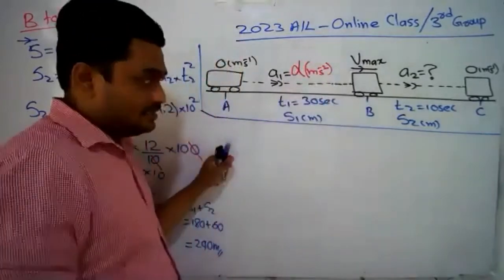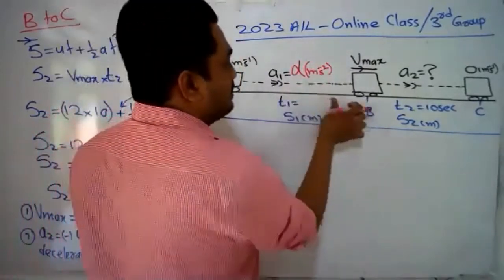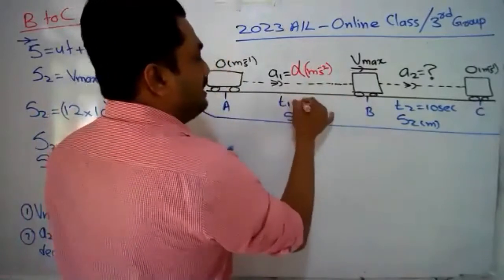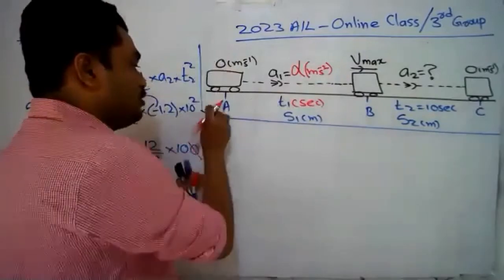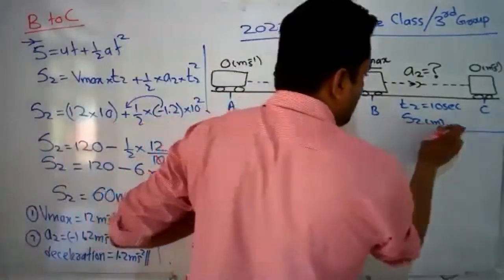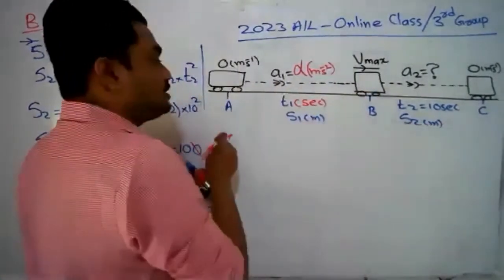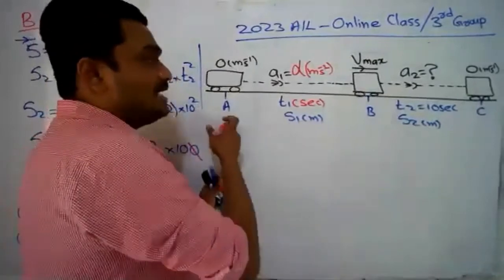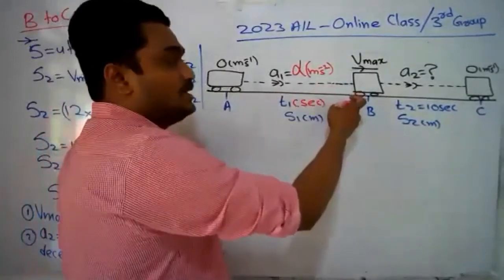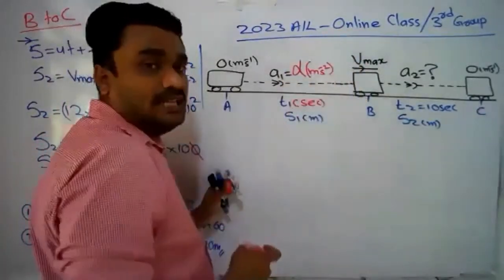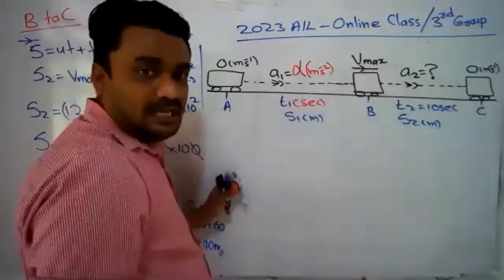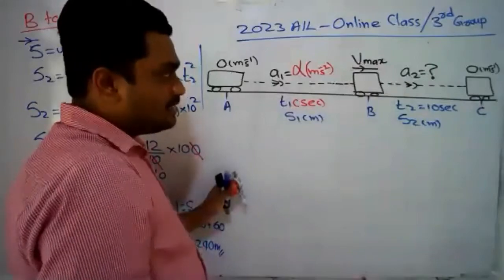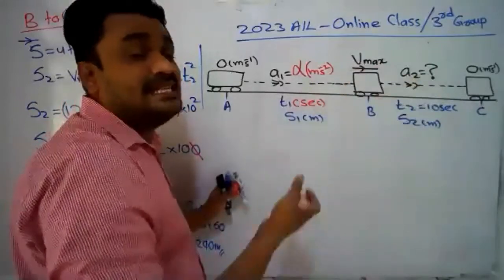But they have not given the time taken that the object accelerates, and they have not given the displacement from A to B. So at the end of the acceleration time period, as earlier, maximum velocity will be there. A to B velocity increases, B to C velocity decreases. Then B to C, it says deceleration.